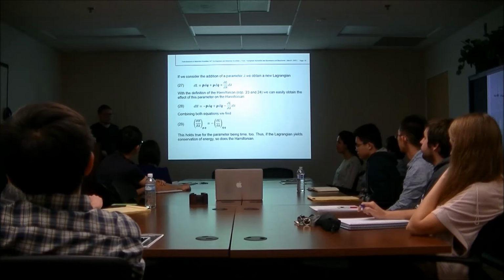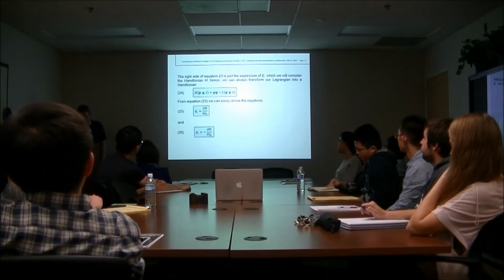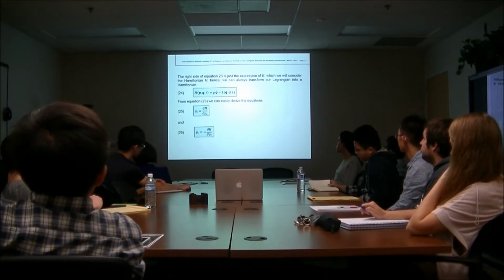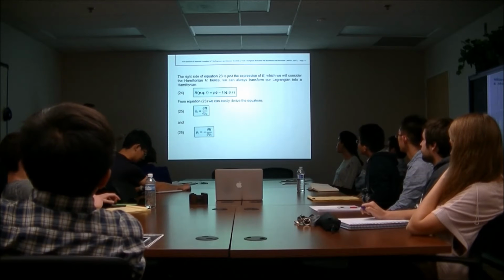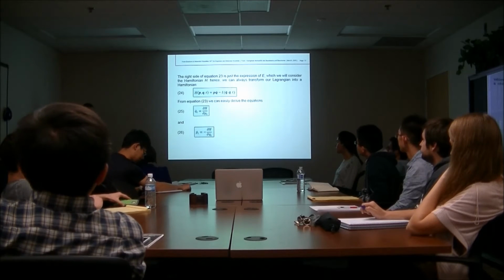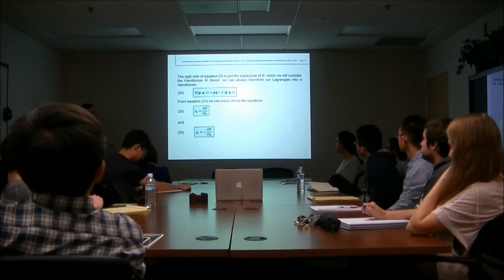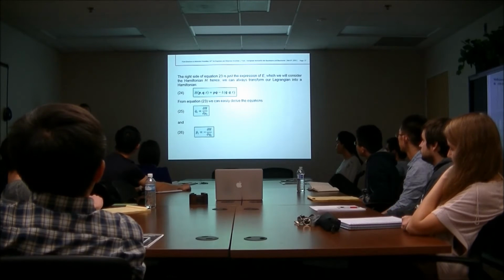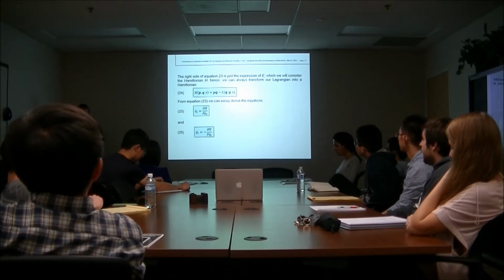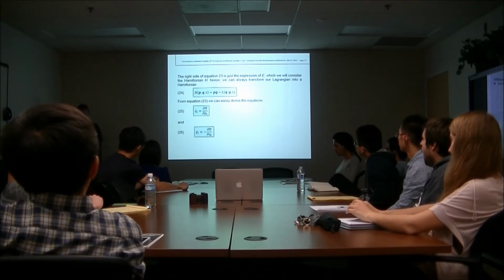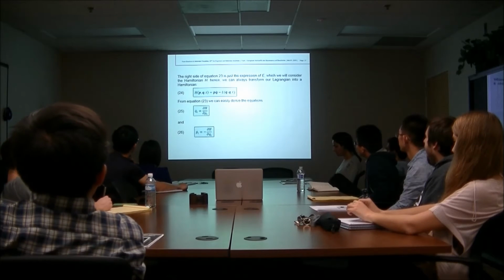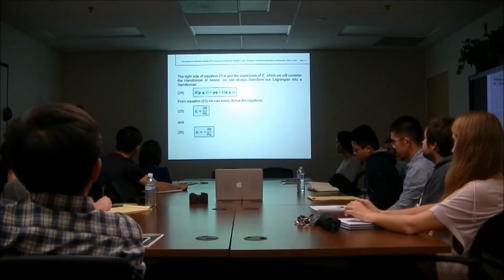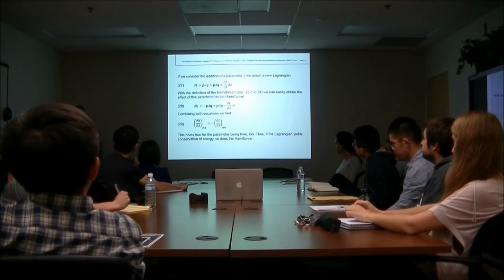Of course, if it holds true for the Lagrangian, and this is just two times kinetic energy that we add, it must hold true for the Hamiltonian as well. Are there questions left?